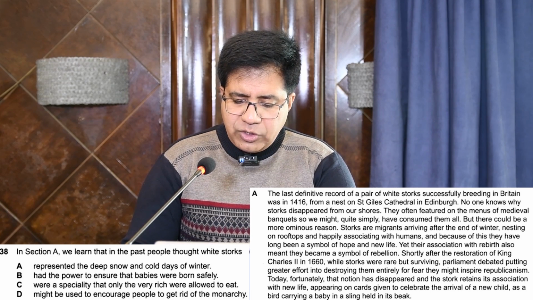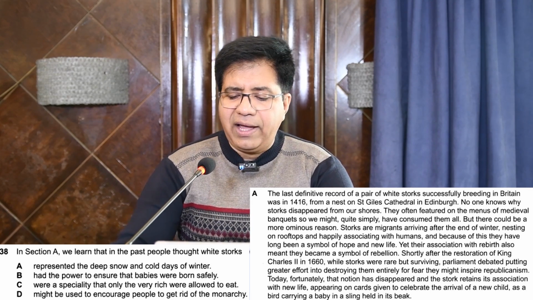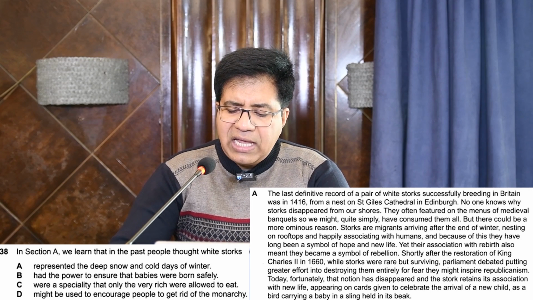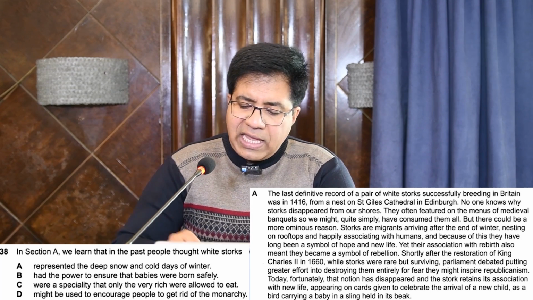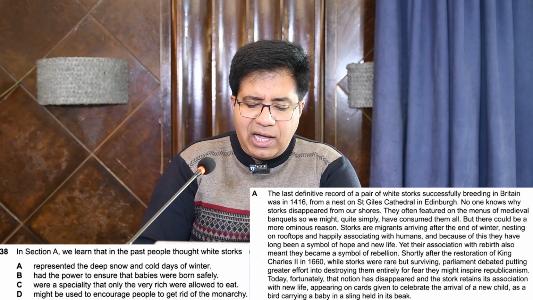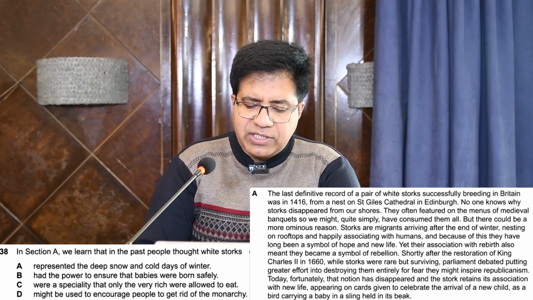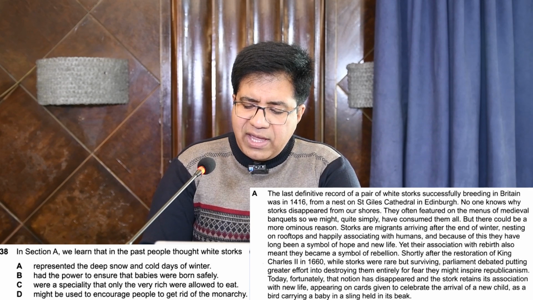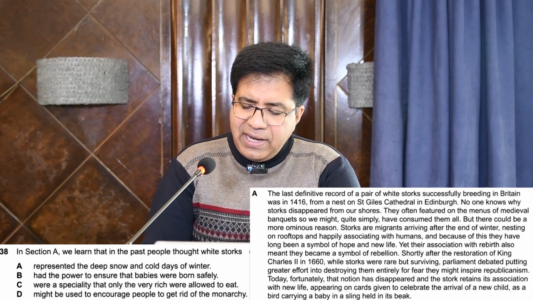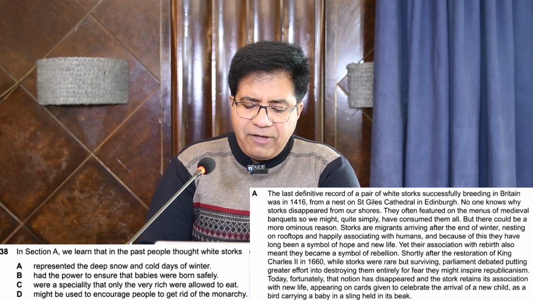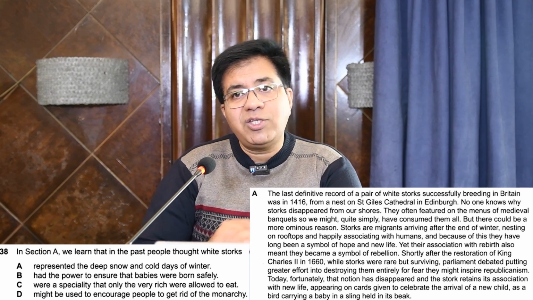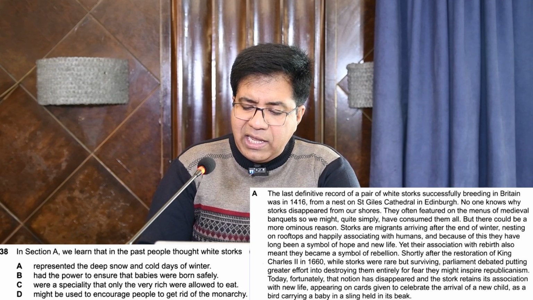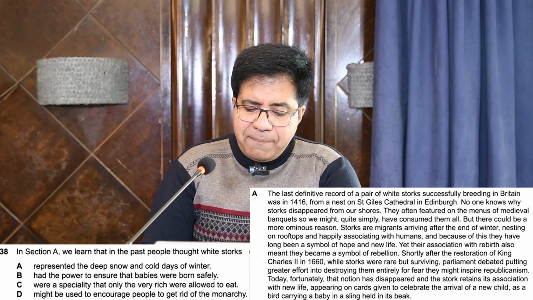Yeah. 1, 2, 3, 4, 5, 6, last line after full stop, shortly after the restoration. Found it? Yes, shortly after the restoration of King Charles II in 1660, while storks were rare but surviving, Parliament debated putting greater effort into destroying them entirely. Now Parliament debated that storks should be destroyed entirely for fear they might inspire republicanism.